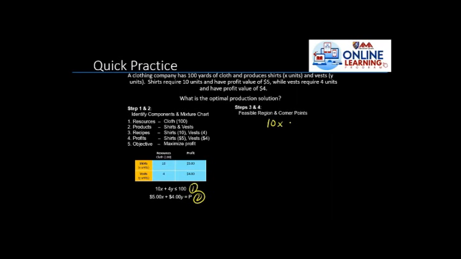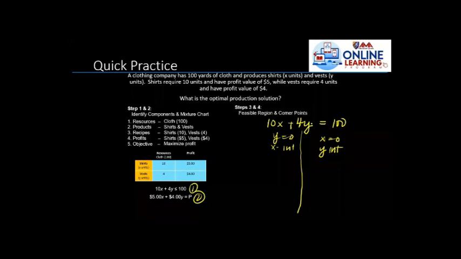So, that is 10x plus 4y is equals to 100. So, gagawing equals yung less than or equal to 100. Then, kukunin ang ano? Y is equals to 0, x is equals to 0. Okay? So, this is for the x-intercept. This is for the y-intercept.